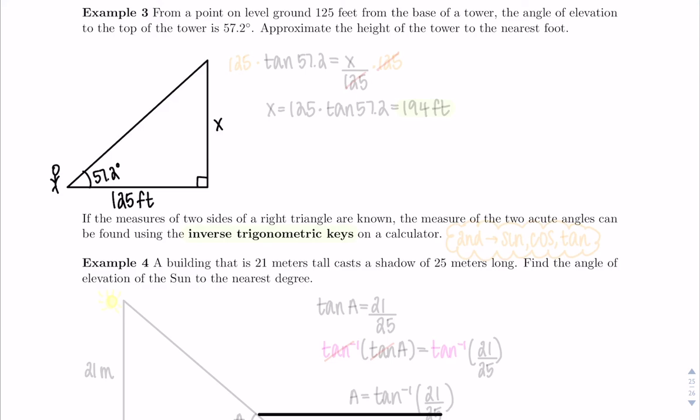So if my tower starts over in the right angle, we are given 57.2. We have the opposite side we're looking for, and we're given the adjacent side. So we're going to use the tangent of 57.2 equals x over 125.